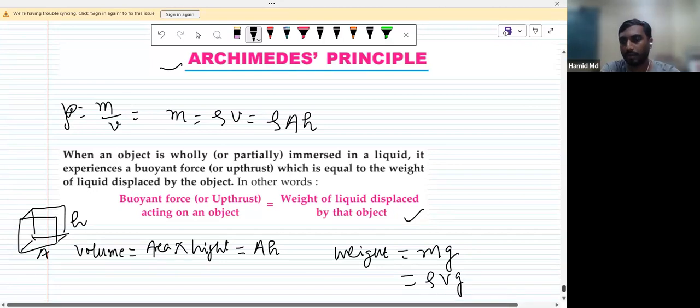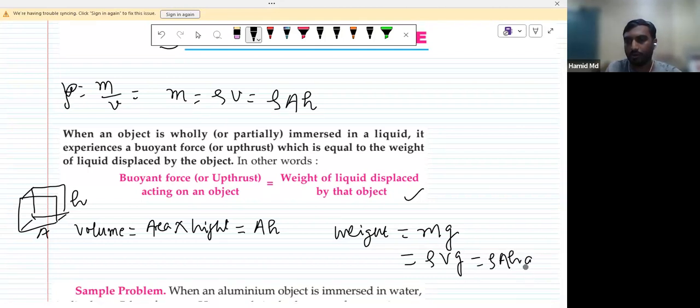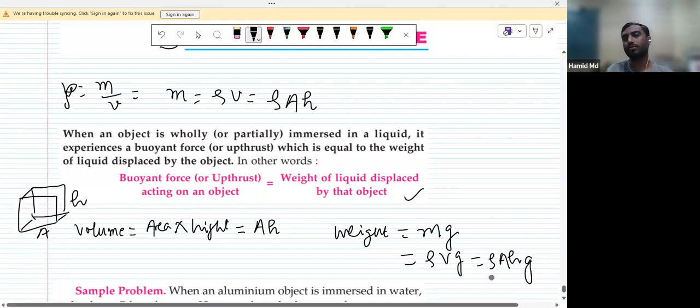Now we will replace the V with A into H. So rho A into H times g, that is rho g A H. If we encounter some numericals, we have to use this. In your case, this definition is not included, but for the extra knowledge, keep it in mind.